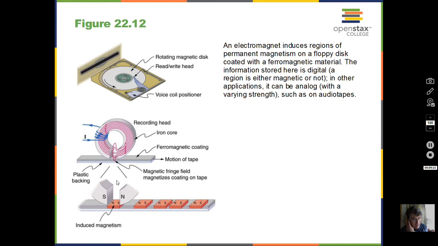If we're reading, then we can sense the direction of that magnetic field that's been laid down. One direction of magnetic field would be a 1, the reverse direction would be a 0. Ones and zeros then form the data recorded on the hard disk. And of course, this is a much magnified illustration. We can get a couple of terabytes, 2 times 10 to the 12th bytes, recorded on a platter here. So you realize these are very small areas that are being magnetized and then sensed.